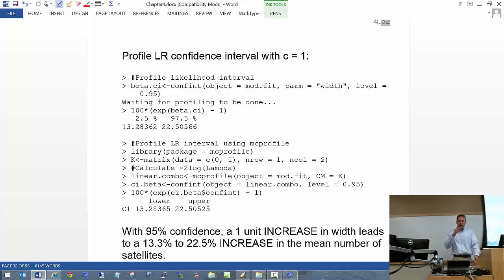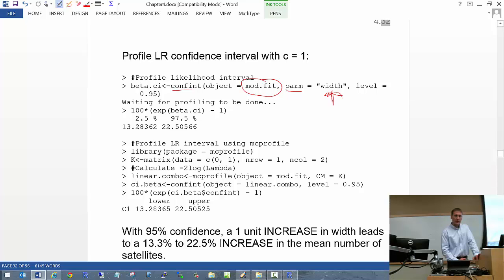So I can use confint here, just like what we did in Chapter 2. Say object equal mod.fit. Parm corresponds to the actual variable name that you see in the output when you say summary of mod.fit, and that's width. The reason why I emphasize that is, remember what happens when you have a categorical explanatory variable in your model. Indicator variables are formed, and you need to know what R is calling that indicator variable, and that's what you put in here for the parm argument.